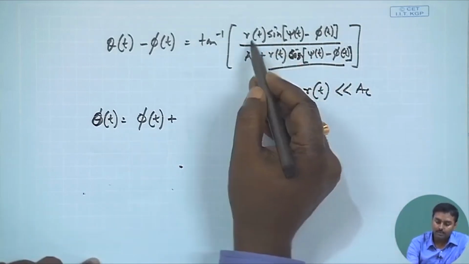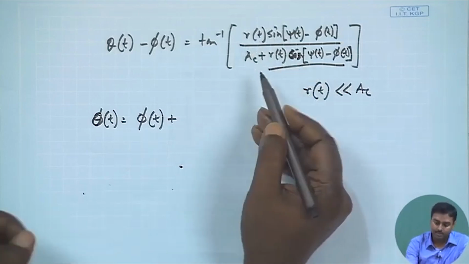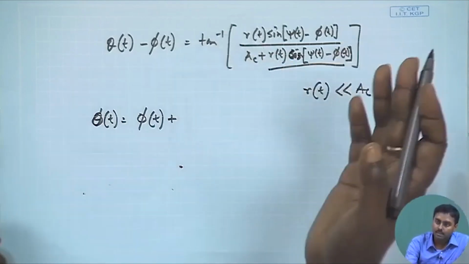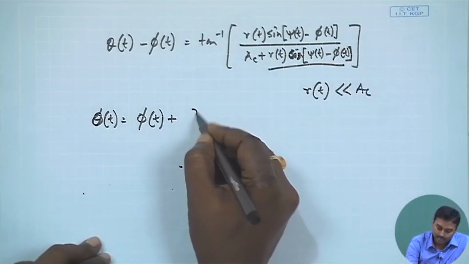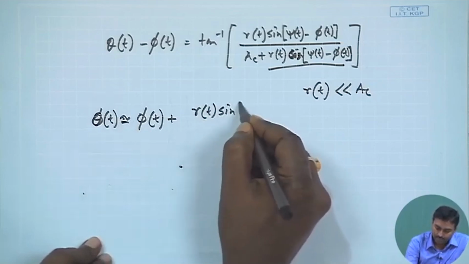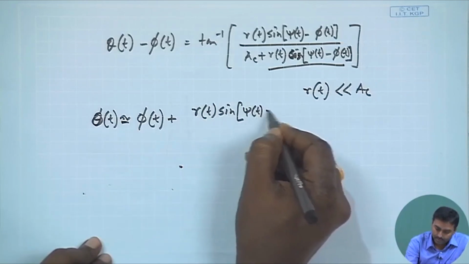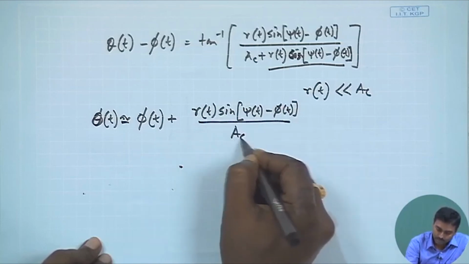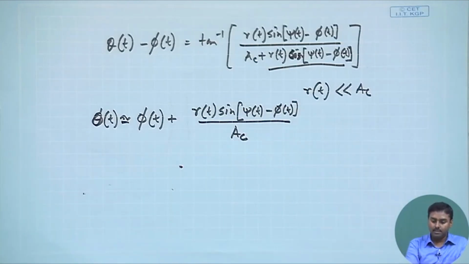So, the maximum value will be RT by AC, which is again RT smaller than AC. So, tan inverse of theta must be equal to theta. So, I can write this as approximately RT sine psi t minus phi t divided by AC. Okay. So, there is an approximation which is valid as long as this condition is true.